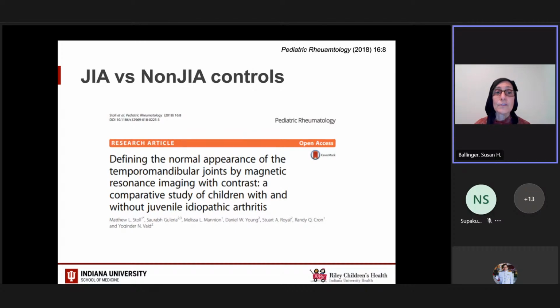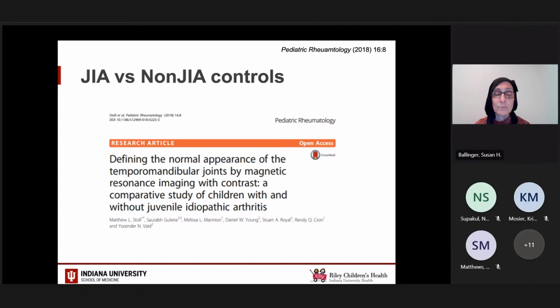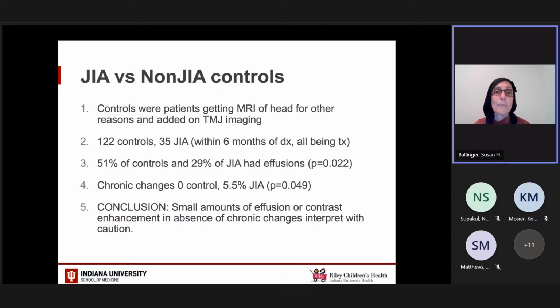There was a very nice study done in 2018 where they actually looked at the normal appearance of the TMJ. They compared kids with JIA and normal controls. I found this interesting because the normal controls they actually got from kids who were getting MRI of their head for other reasons, and they added the TMJ on as part of the study.